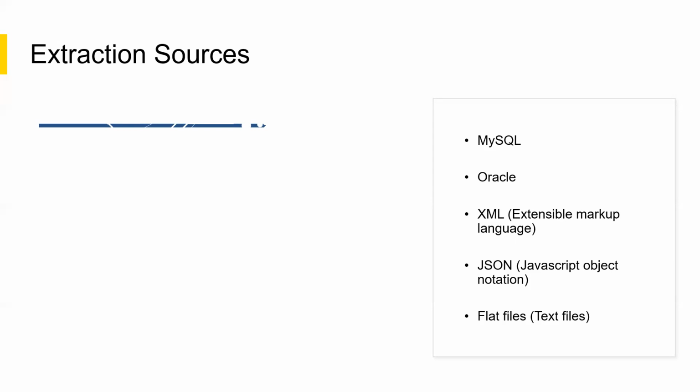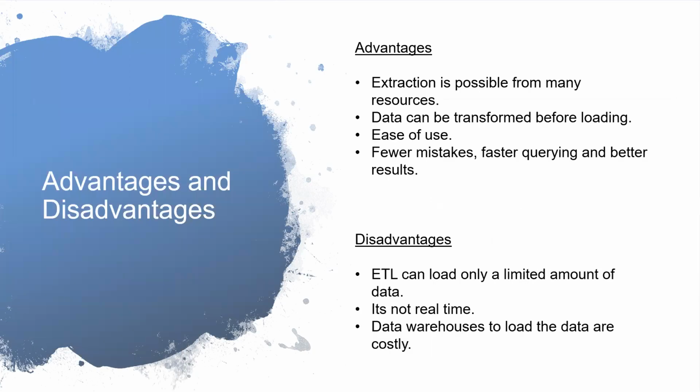That is one way of extracting data from flat files or text files. What they analyze on the call through the IVR service is how much time you are spending on the call, how many calls are there for feedback, and how many calls are there for complaints. These are the different things they take into consideration, and that is how they get that data. That is one type of extraction source.